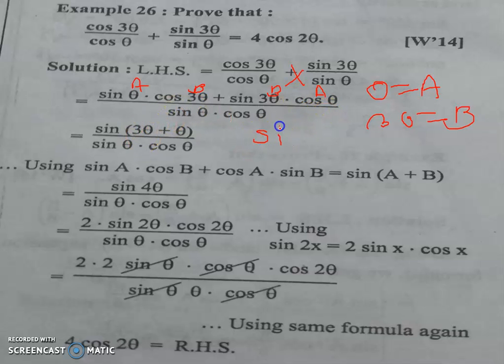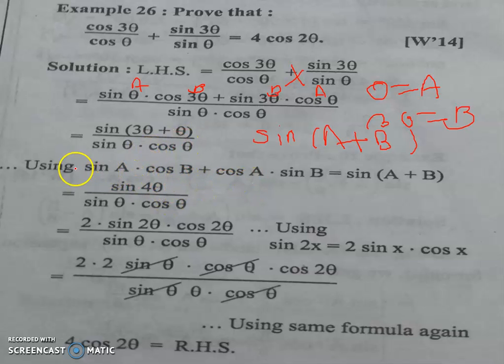Sin A plus B. So sin 3 theta plus theta, because A plus B is theta plus 3 theta, and the denominator cos theta sin theta remains the same. 3 theta plus theta is obviously 4 theta.